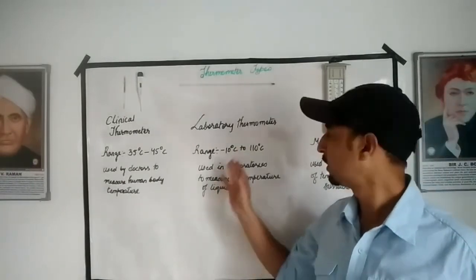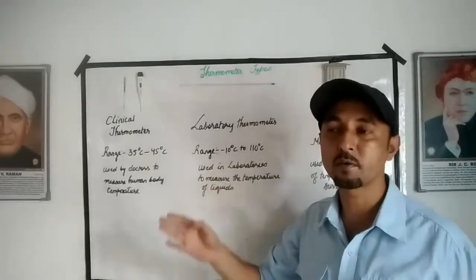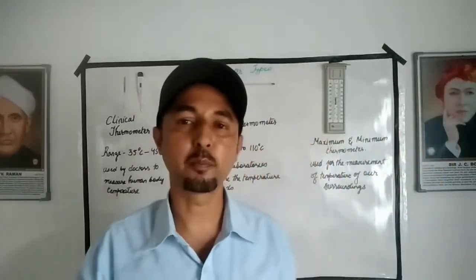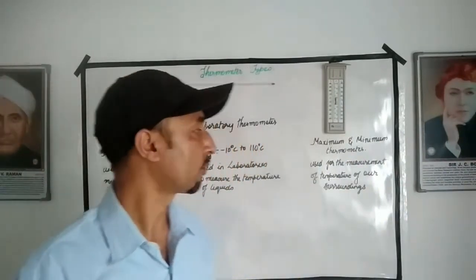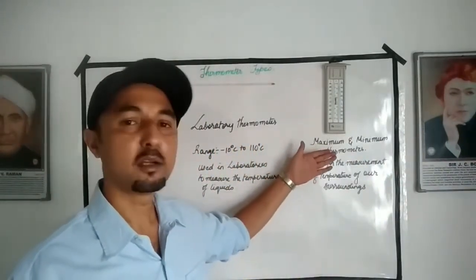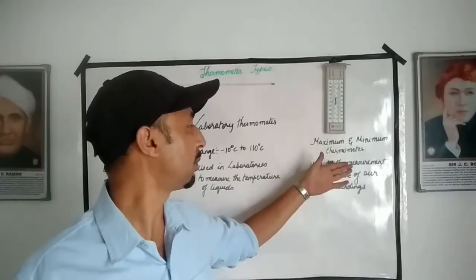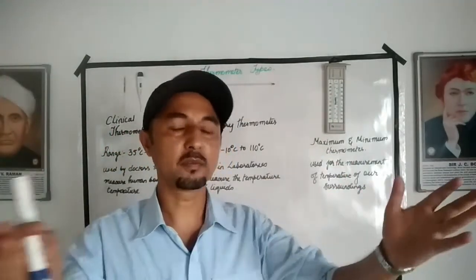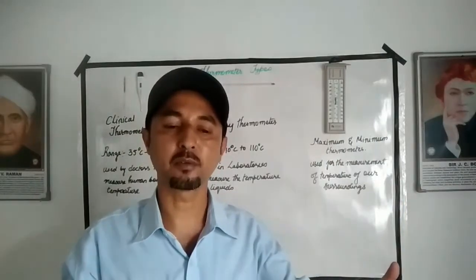As the name says, laboratory. So it is used in laboratory to measure the temperature of acids, some chemicals or bases, etc. On the other hand, maximum and minimum thermometer is used for the measurement of the surrounding temperature.